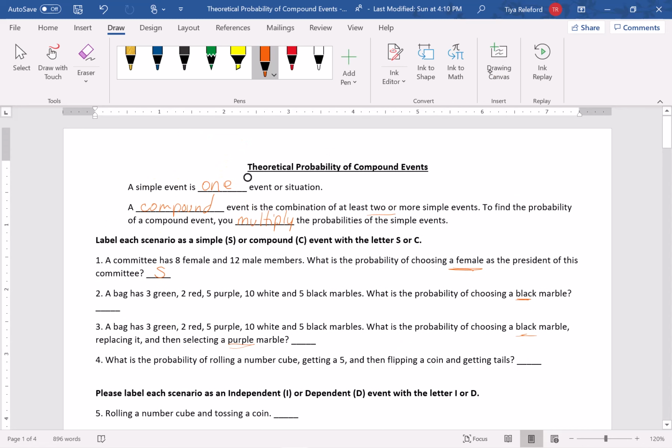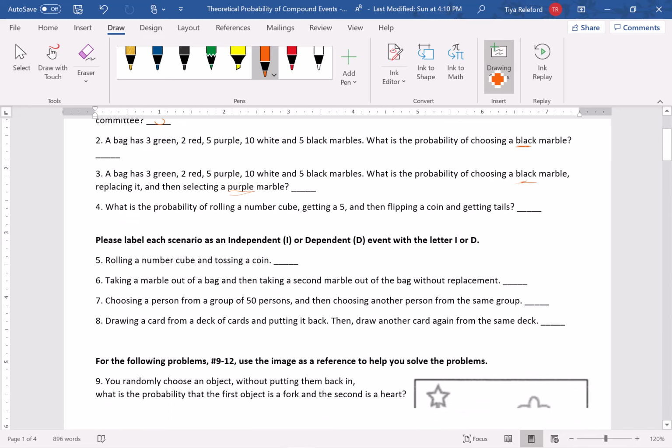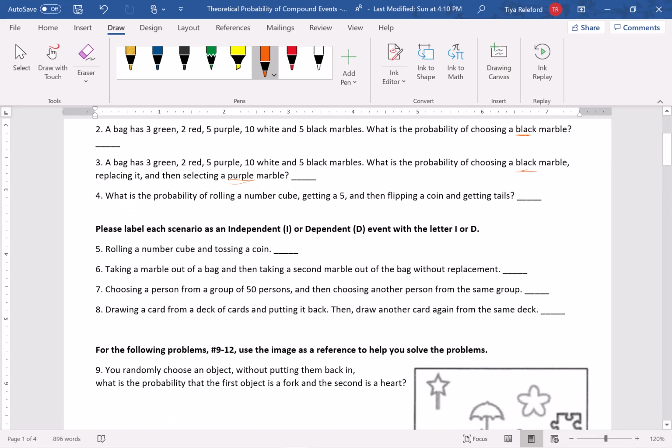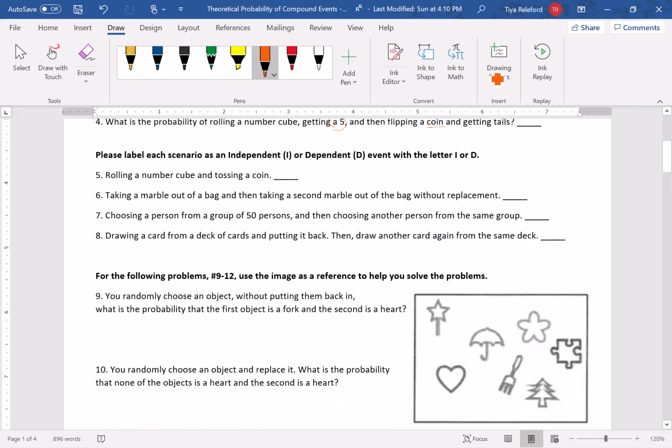Which one of these is 2? And number 4 says, what is the probability of rolling a number cube, getting a 5, and then flipping a coin and getting tails? We want a 5 and tails. That's 2 events. So that is compound.